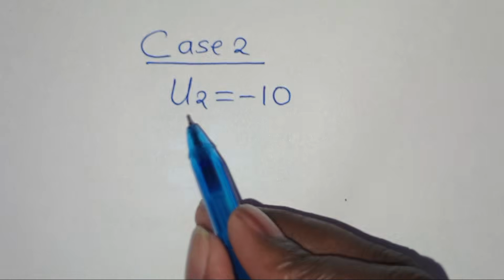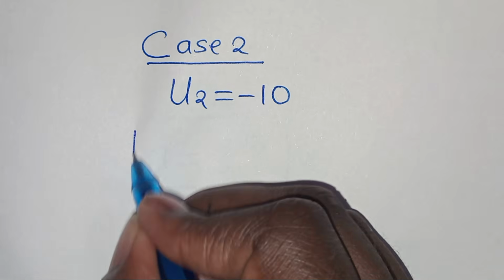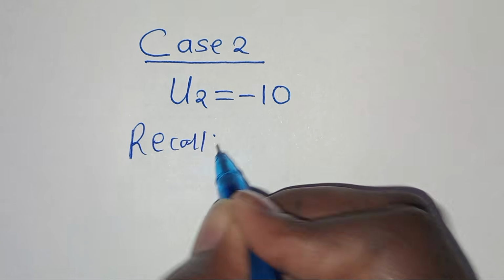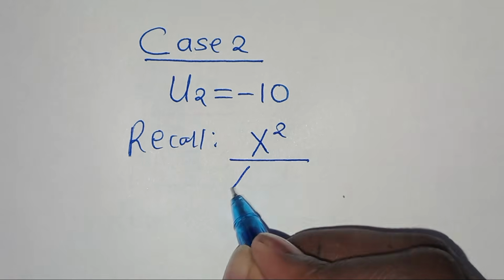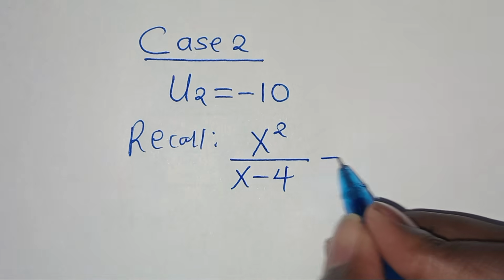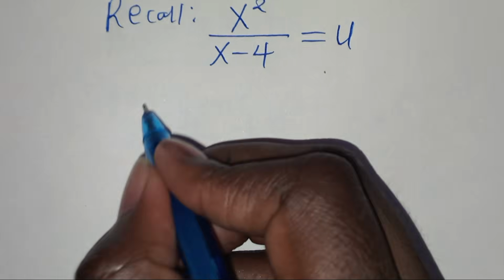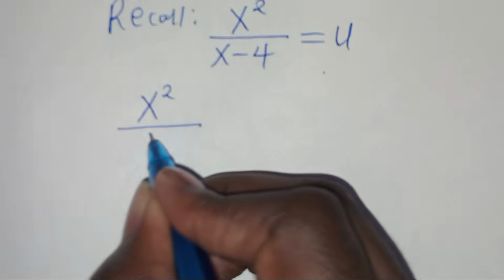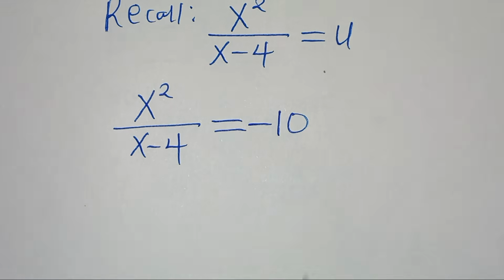Now in case 2, we have u2 is equal to minus 10. And if you recall, we have that x to the power of 2 divided by x subtract 4, this is equal to u. So we can substitute so that we have x squared over x subtract 4, this is equal to minus 10.